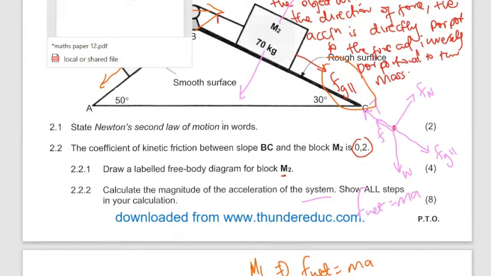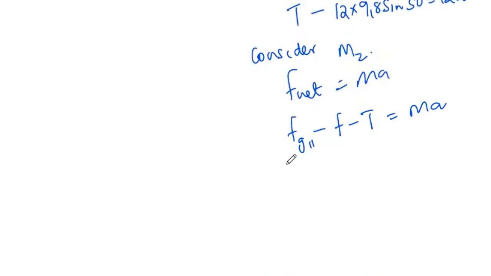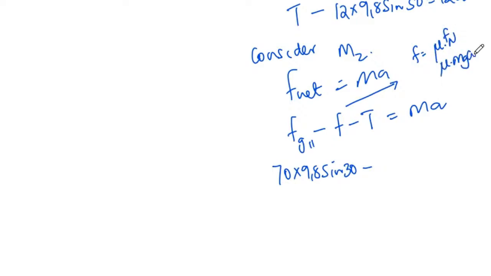With the frictional force as well. So that is 70 times 9.8, the sine of it. That's correct. Minus the frictional force. Remember, frictional force is always given as the coefficient times the normal force, which is mg cos of the angle of inclination.